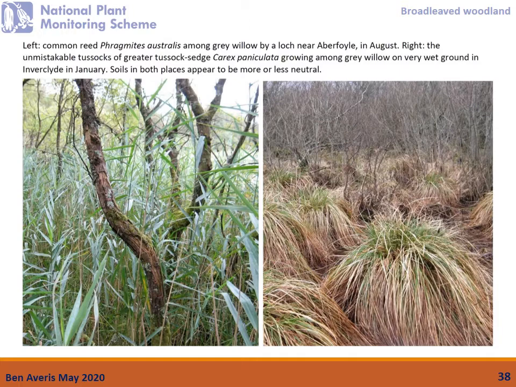Beautiful grass. Another species that looks a bit like that is Phalaris, the reed canary grass. It's not quite so big, the leaves not quite so wide, and the flower head, if you've got flower heads, in the common reed here, they're very, very branched with a huge number of tiny little purplish flower spikelets, whereas in the reed canary grass, they're not so branched.